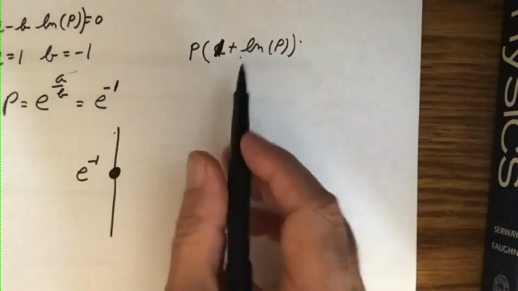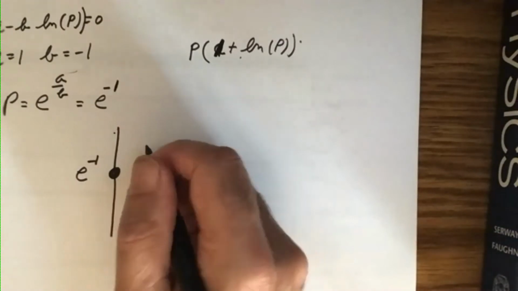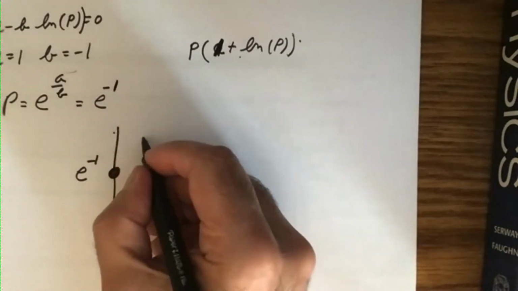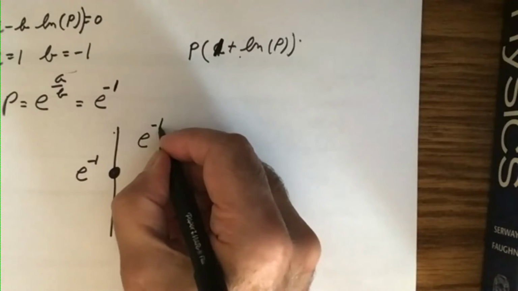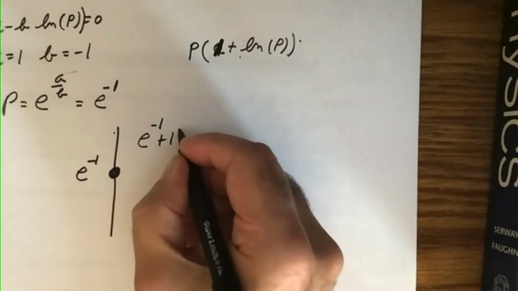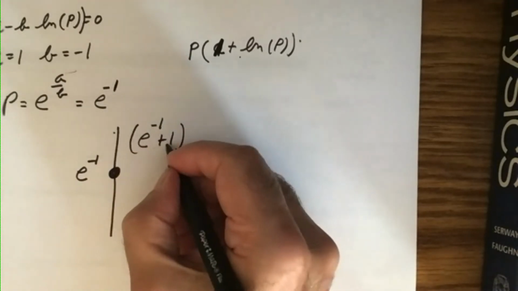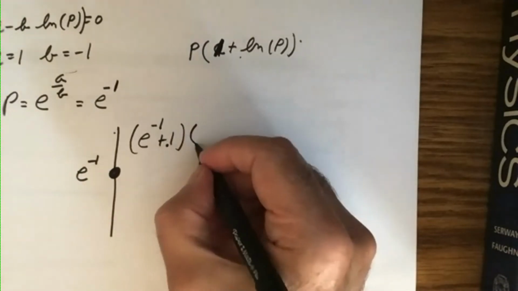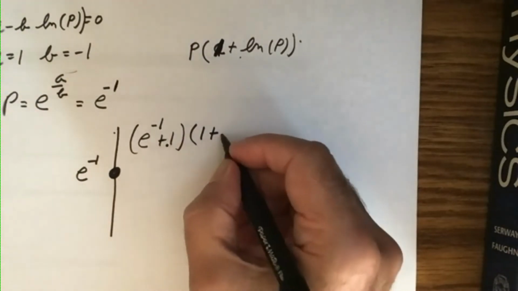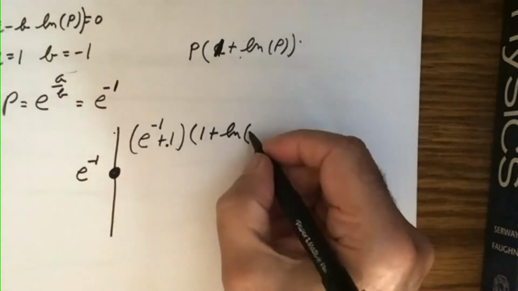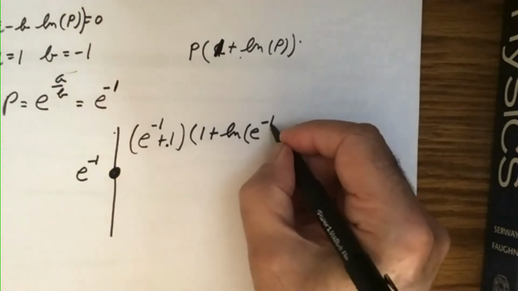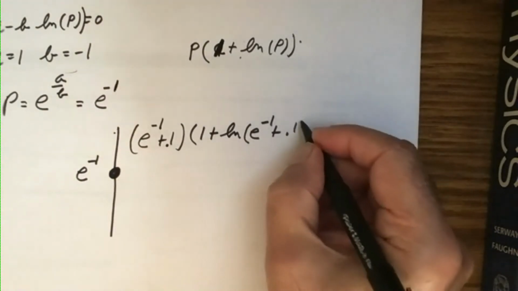All right. So now I'm going to put in a point above this. I'm going to put in e to the -1 plus, say, 0.1, I'll use 0.1, times 1 plus the natural log of e to the minus 1 plus 0.1, right?